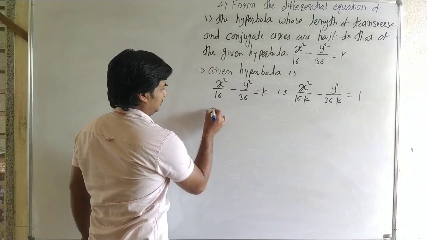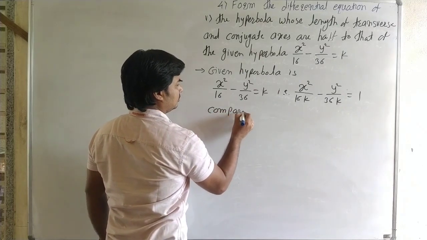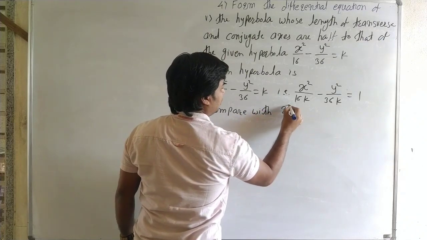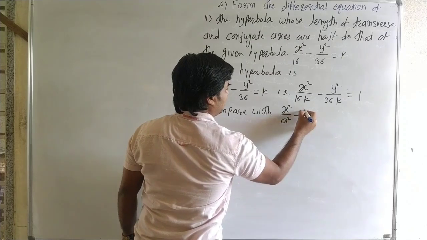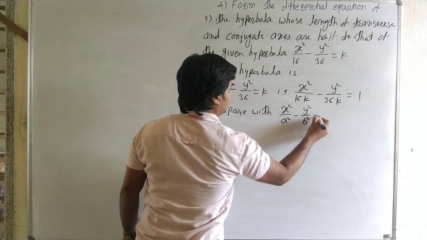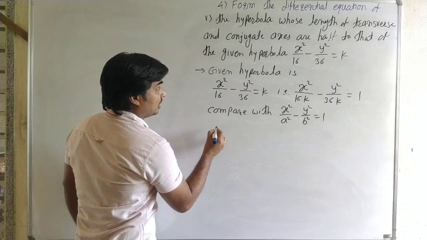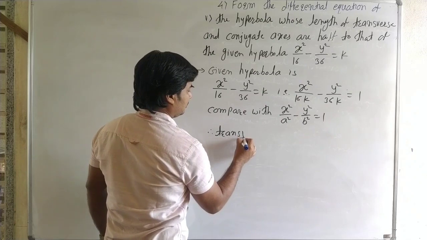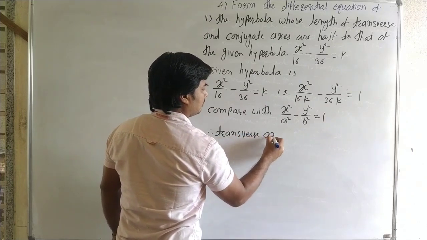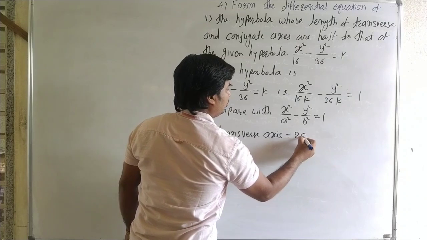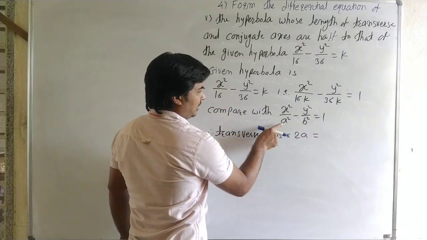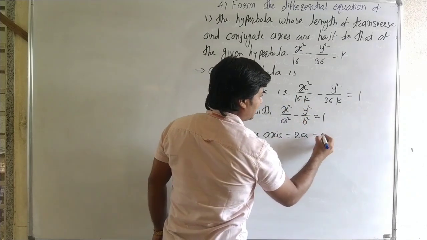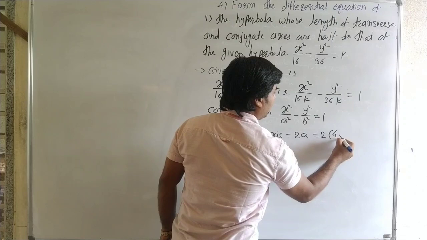Okay, compare with x square upon a square minus y square upon b square is equal to 1. Therefore the transverse axis is 2a. See carefully this, where a square is 16k, therefore a is equal to 4 under root k, and therefore it is 2 into 4 under root k.